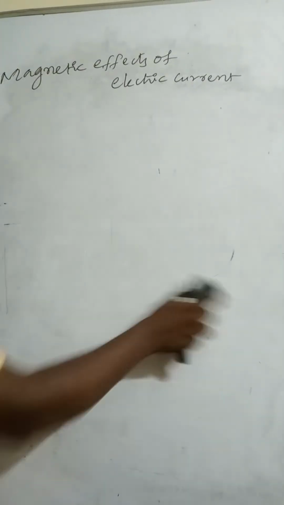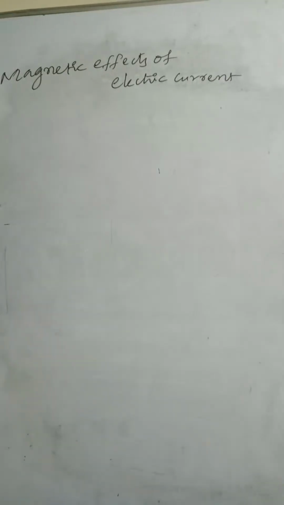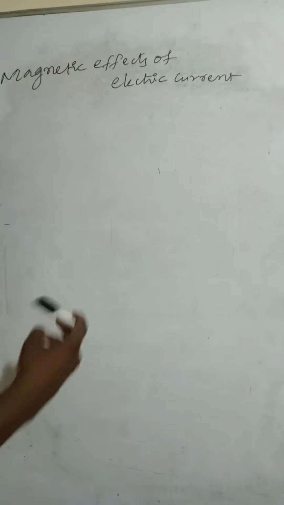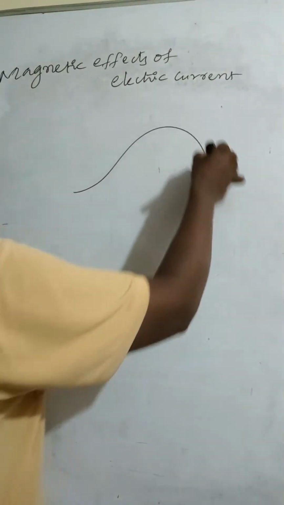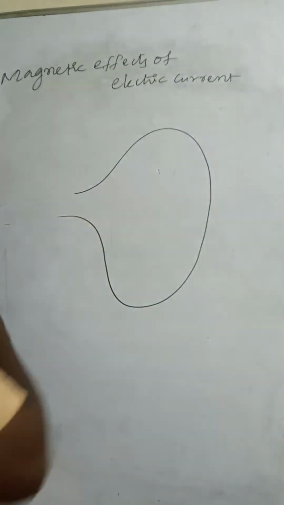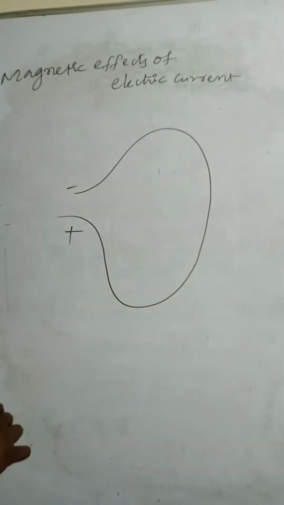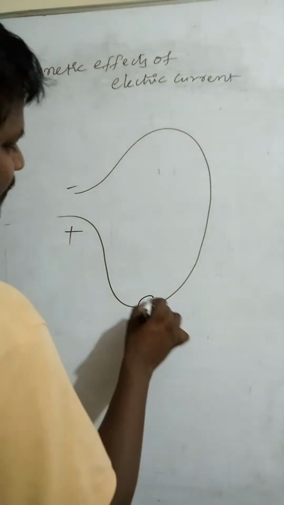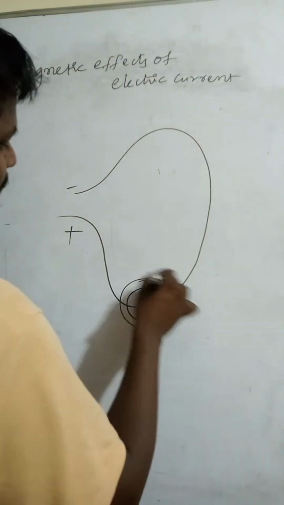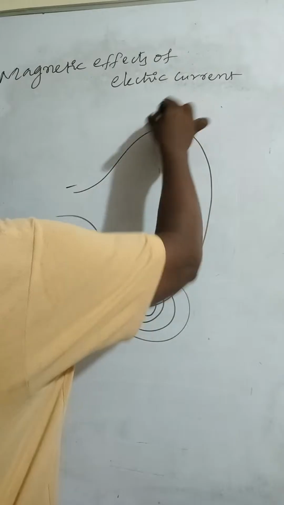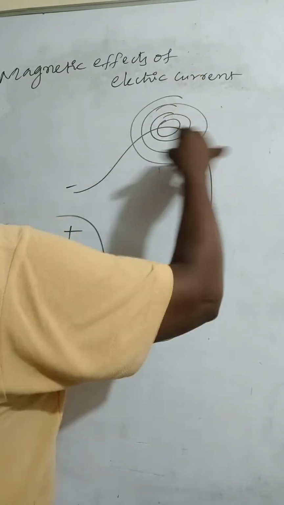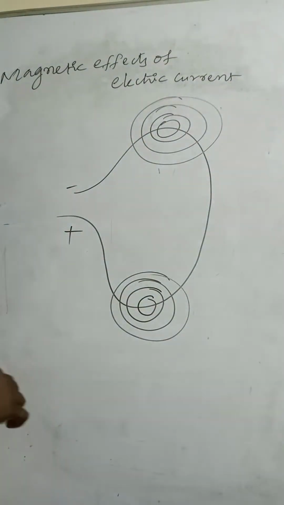Next, we'll go to the loop. So we are considering the loop. So this is the loop. Current will pass here, the magnetic field will be here, and here also the magnetic field.